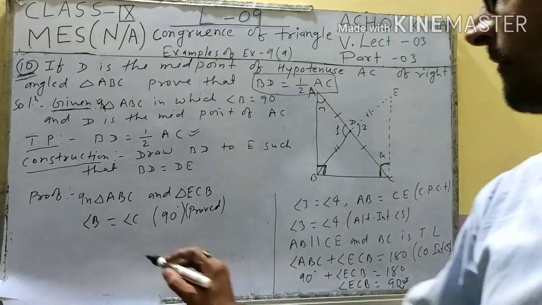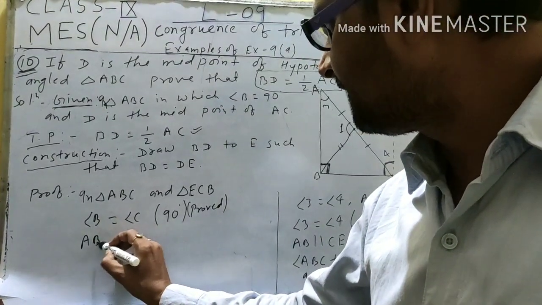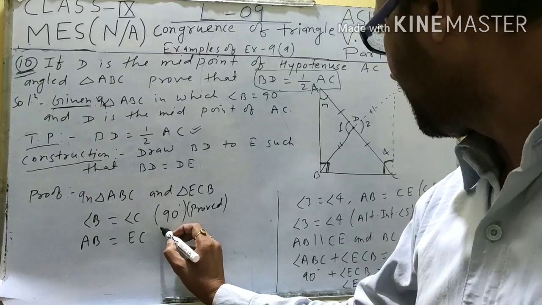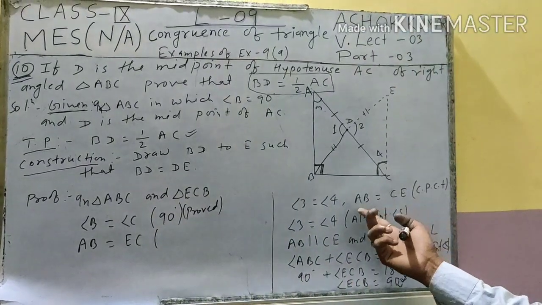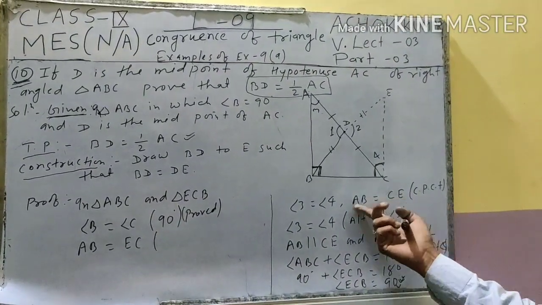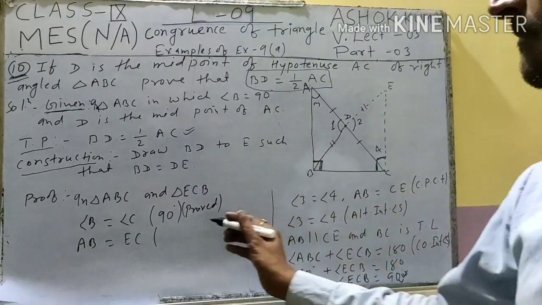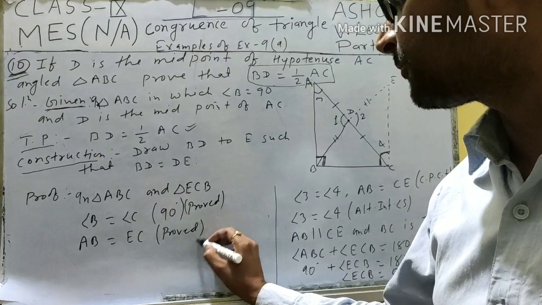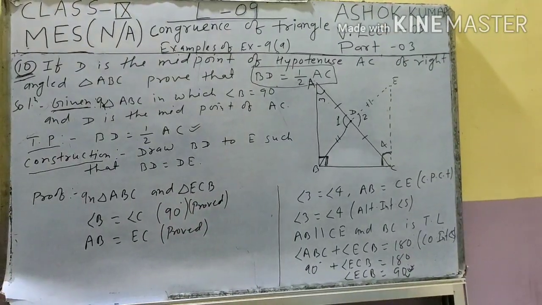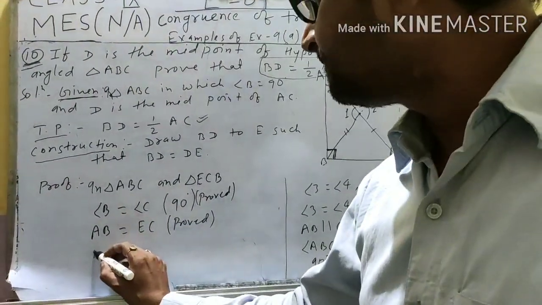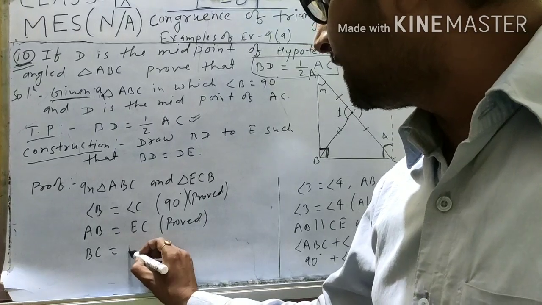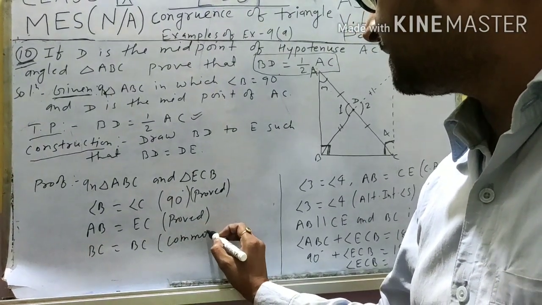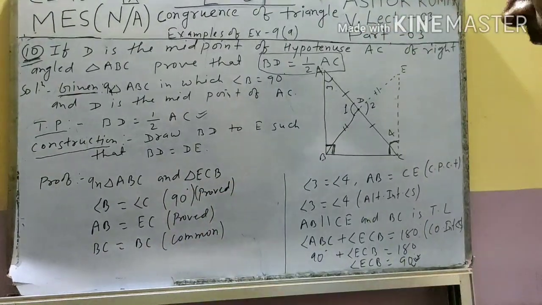Second thing, AB is equal to EC. Look at here, students, AB is equal to EC by CPCT, just proved. And the last one is BC is equal to BC, common.